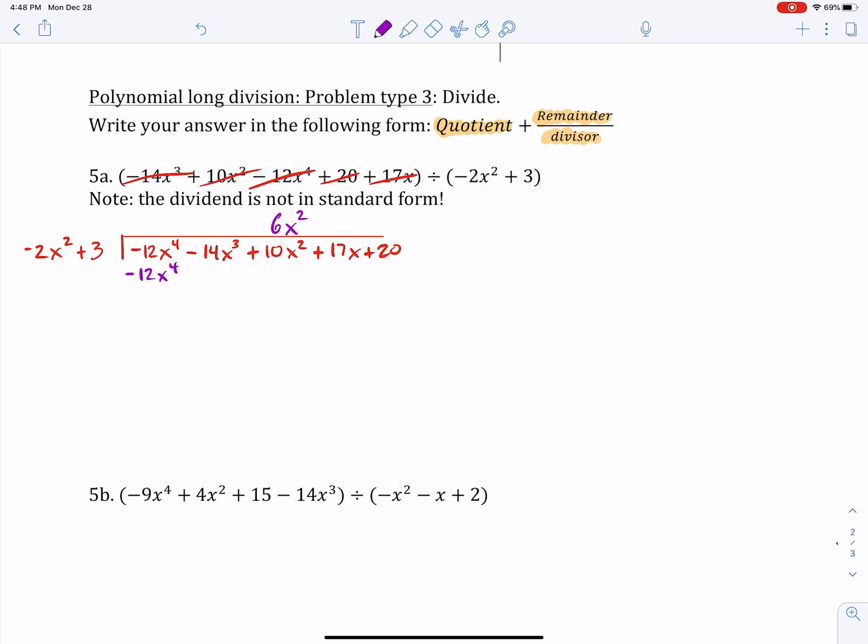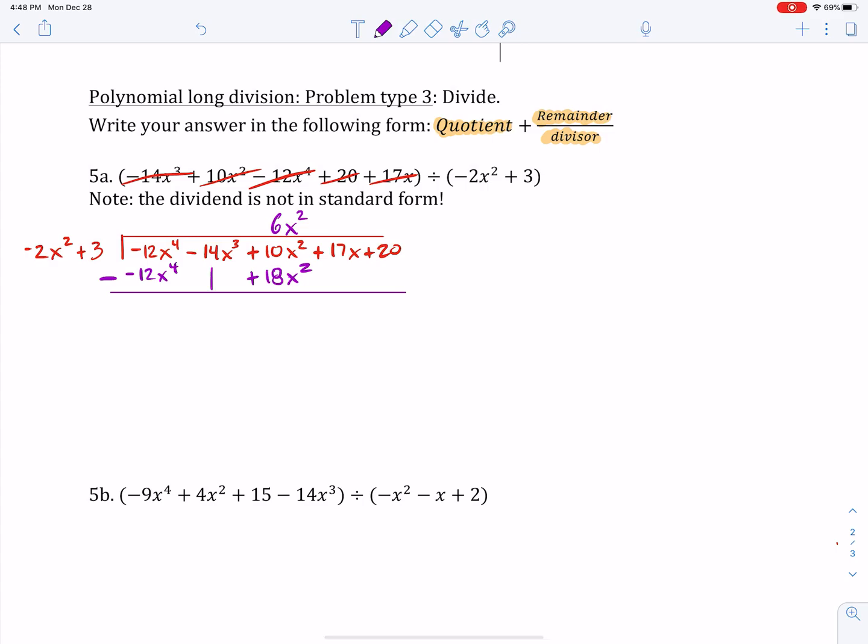Well, that gives me 18x squared. So notice something here. There's a gap. When there is a gap, that is fine. Don't be alarmed. You'll see what we do here in a second. Our next step is to subtract. Negative 12x to the fourth minus negative 12x to the fourth is just 0.